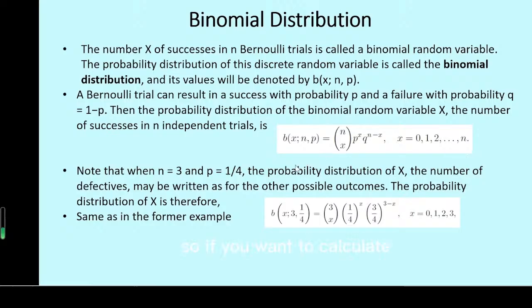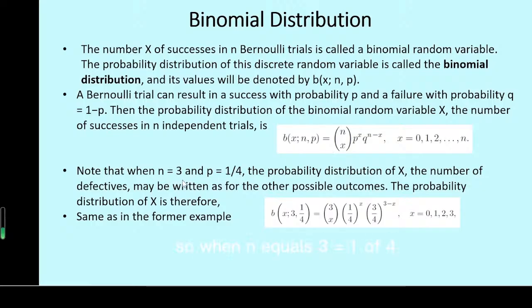So if we want to calculate the probabilities associated with a specific value of the random variable X during n Bernoulli trials with probability p, we just fill in this formula.